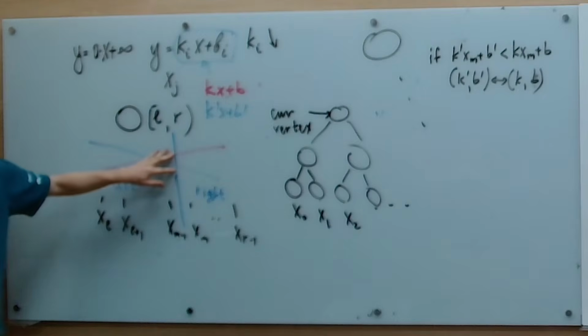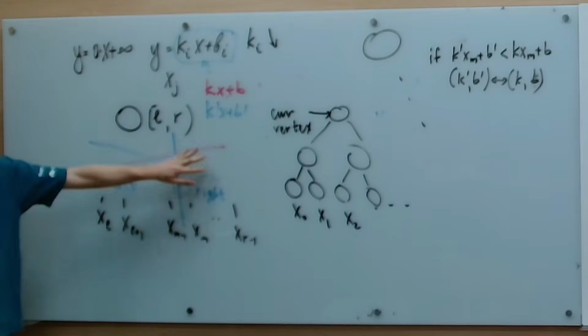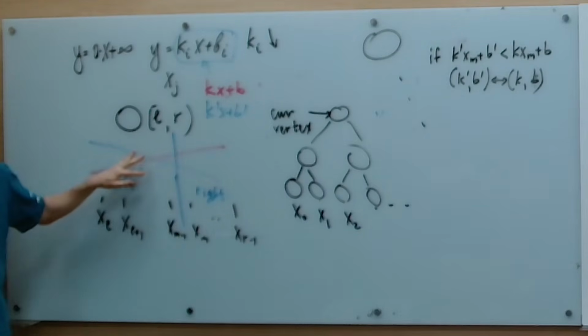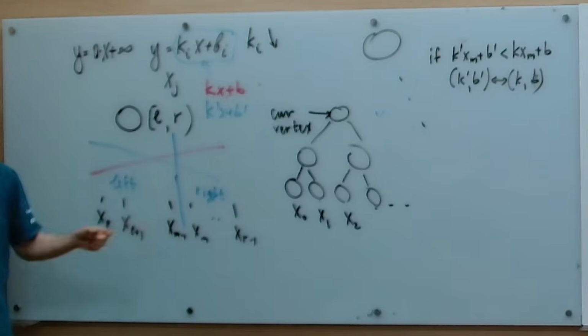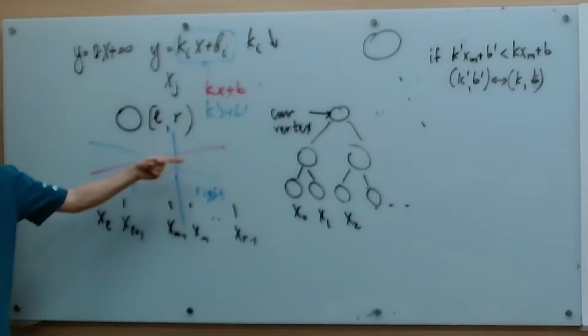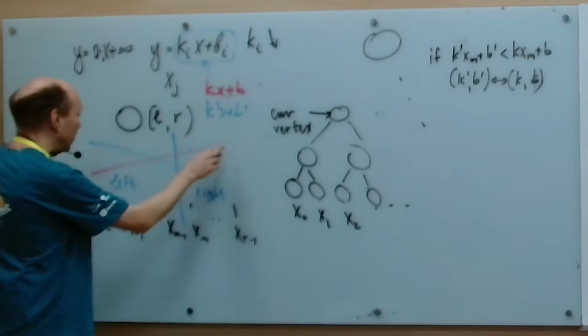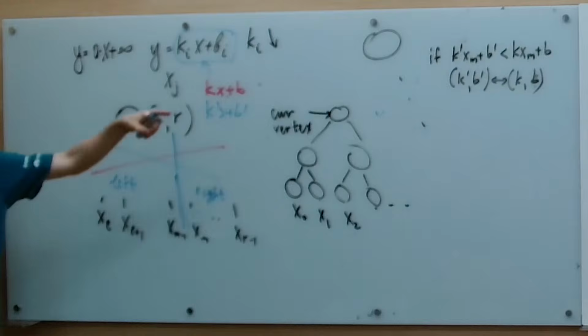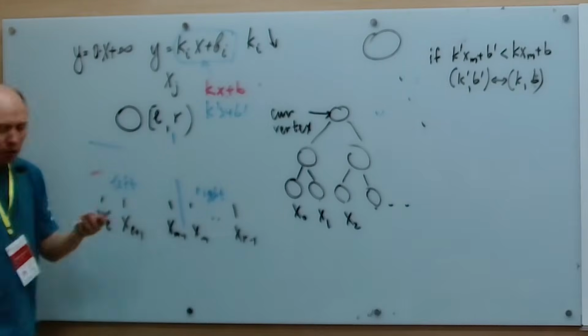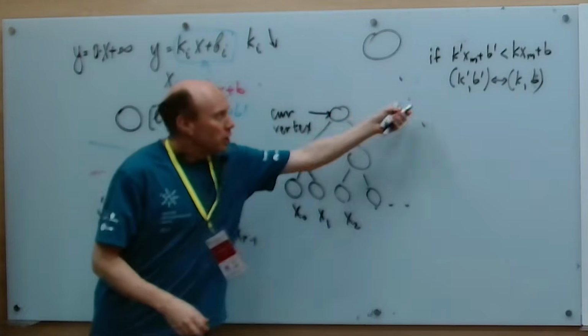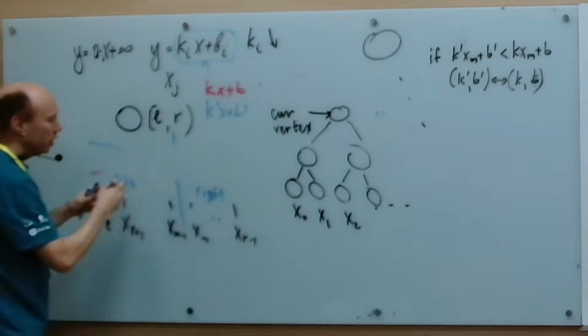Will it intersect with the k prime, b prime line on the right or on the left? That depends on the relation between their slopes. If the slope of the line that is staying, the red line, is better. The picture doesn't correspond to our code now. So after this swap, this line is always the red line.